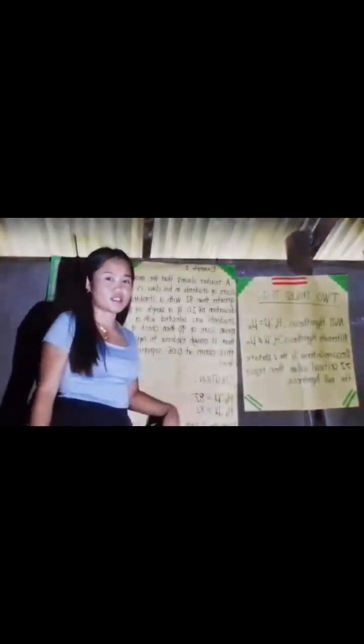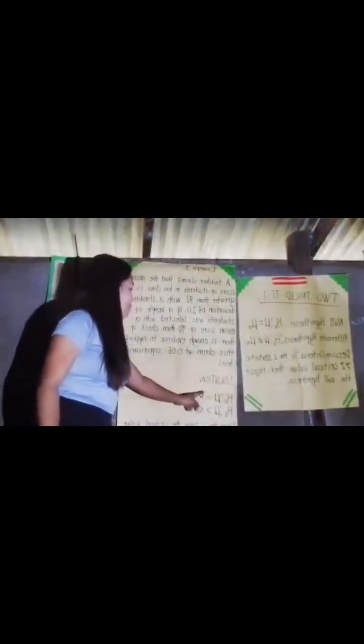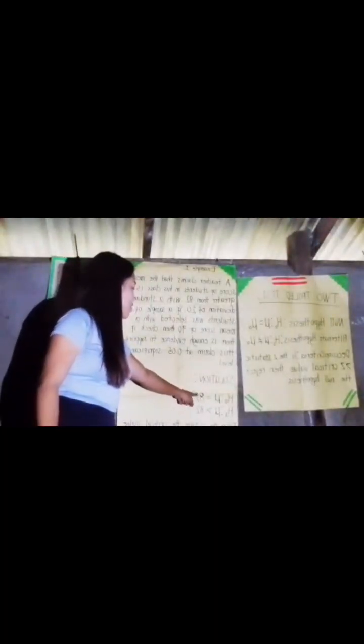So I have here the solution. Step 1: we need to state the null hypothesis. The null hypothesis is that the population mean is 82, so we write H0 equals the population mean, which is 82.